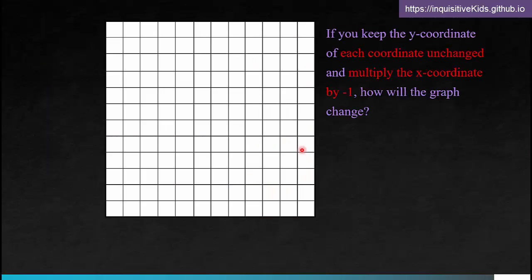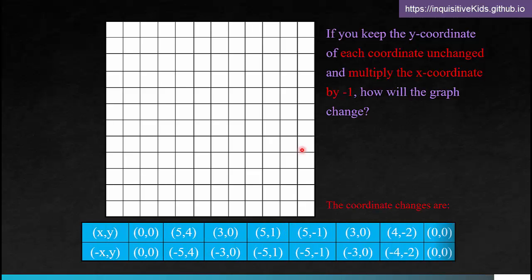If you keep the y-coordinate of each coordinate unchanged and multiply the x-coordinate by negative 1, how will the graph change? Think about how this relates to the two distinct patterns we discovered earlier. The coordinate changes would be, so the top would be the original and the bottom would be the transformed coordinates.